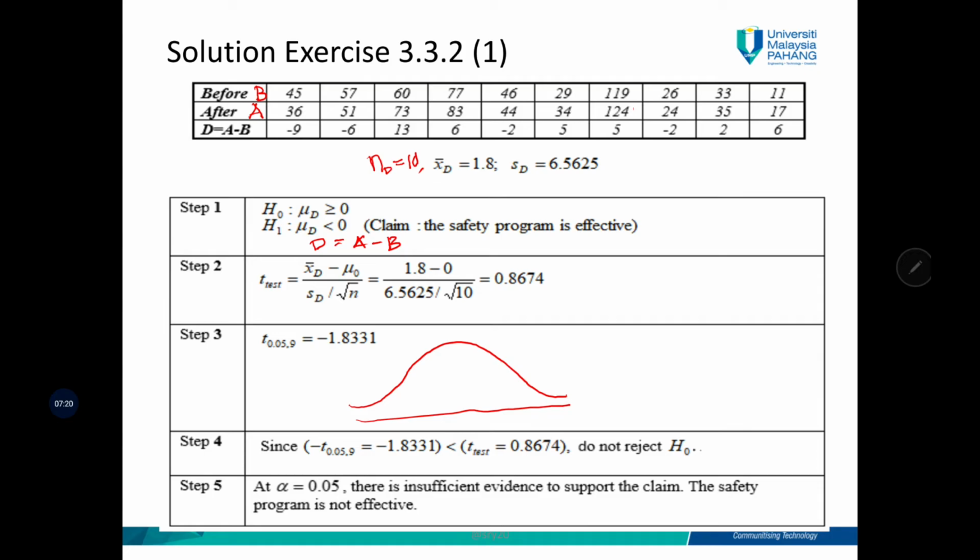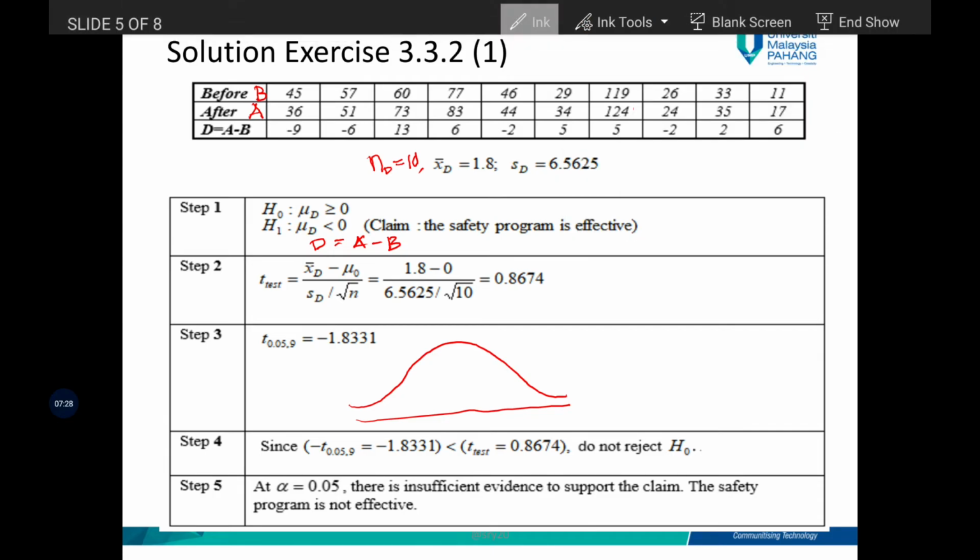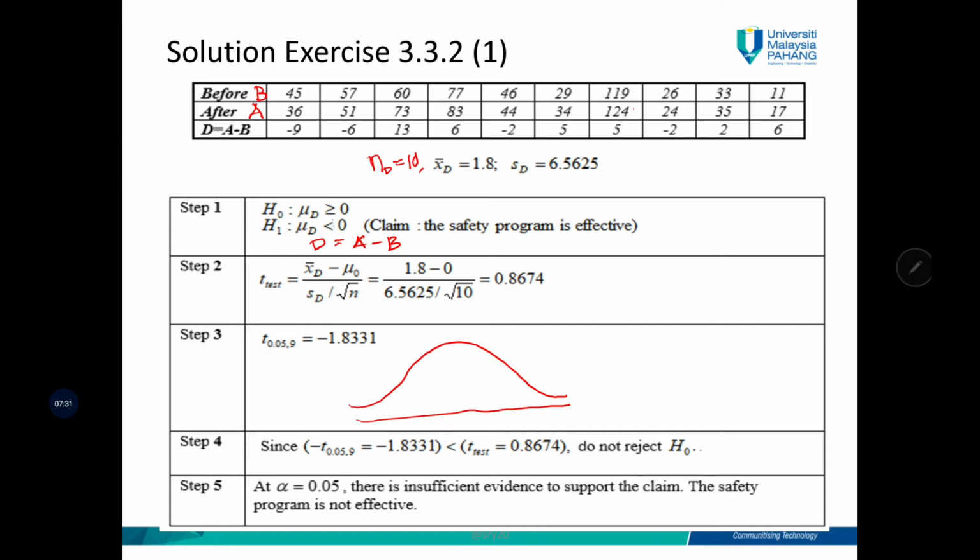To identify the critical value, we look at the inequality used in H1. It is less than, meaning the rejection region lies on the left tail of the t distribution, and there is no need to divide alpha by 2.